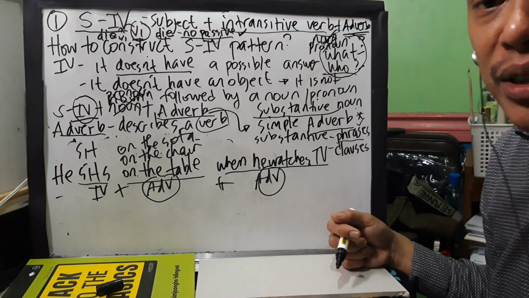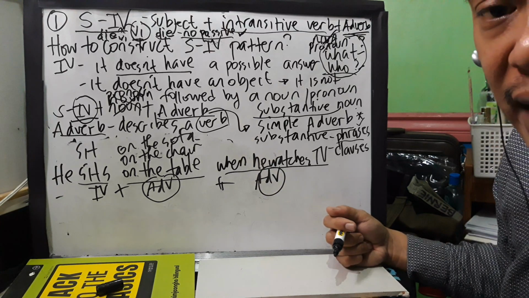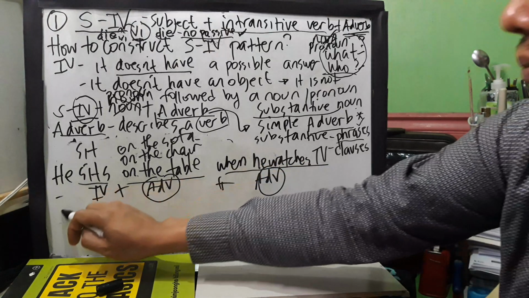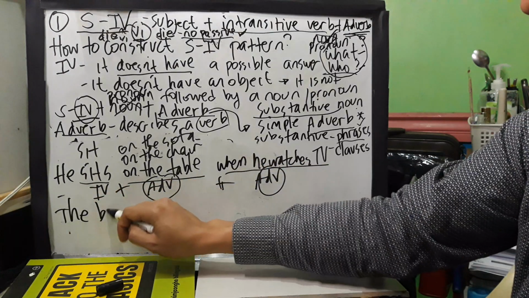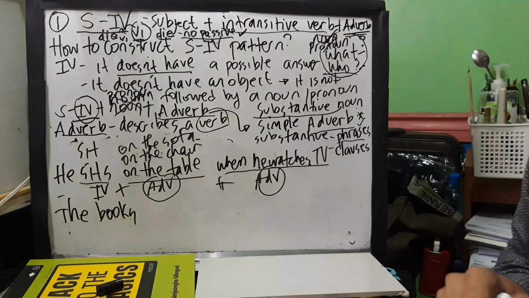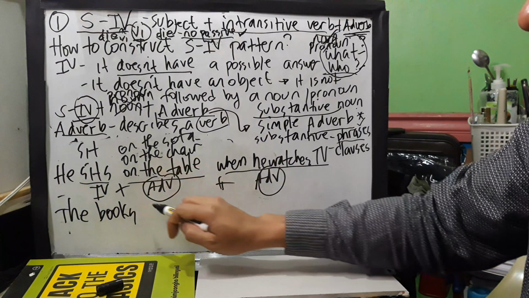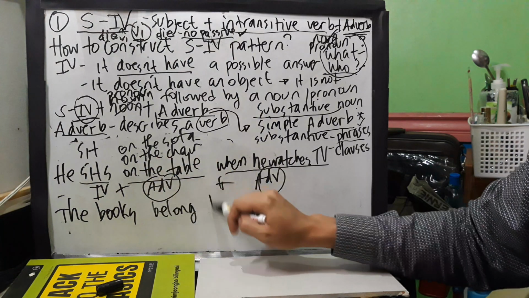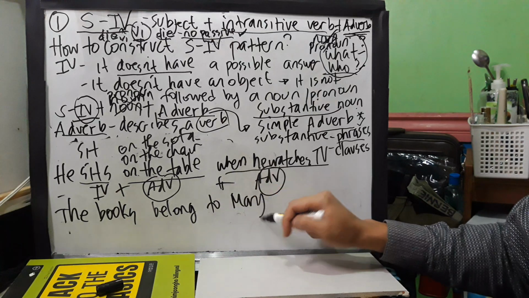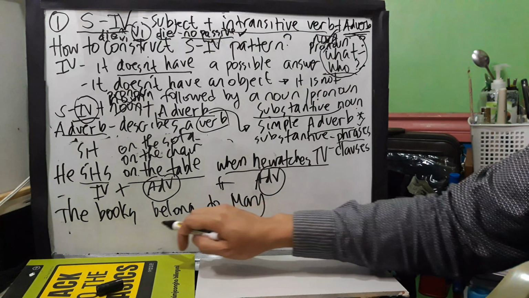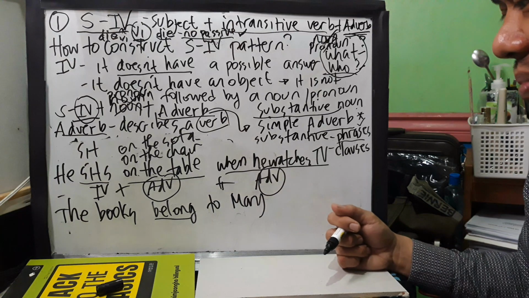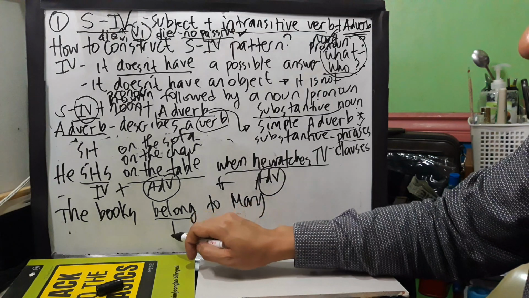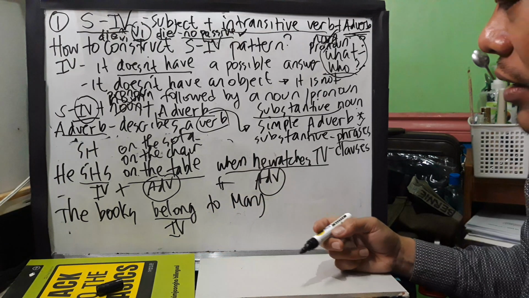Okay. Teacher, can you give more examples? Okay, sure. Don't you worry. I'll give more examples. So you can say the books belong to Mary. So look at this one, guys. Belong here is an intransitive verb. Okay, listen here.